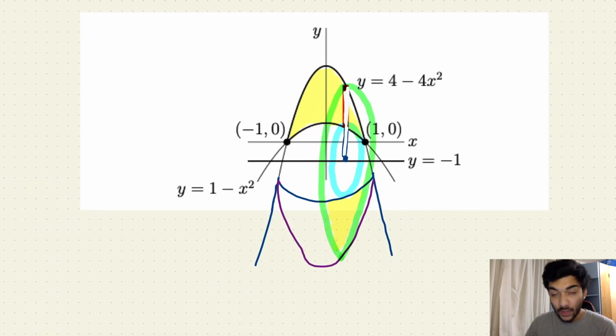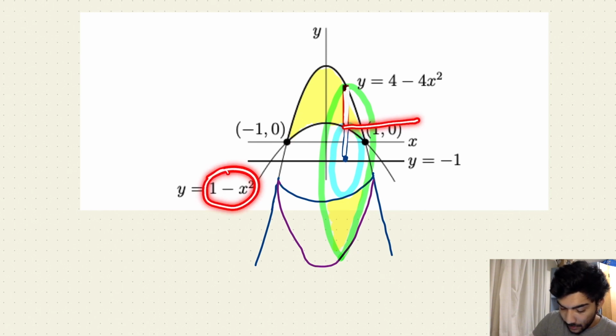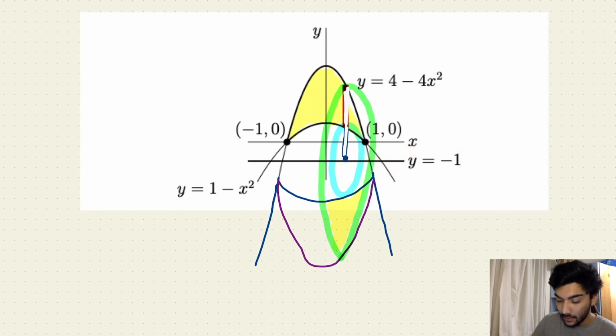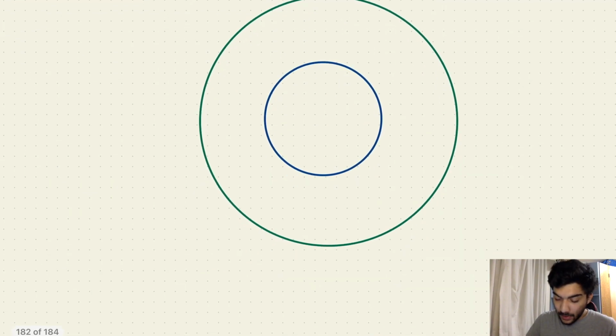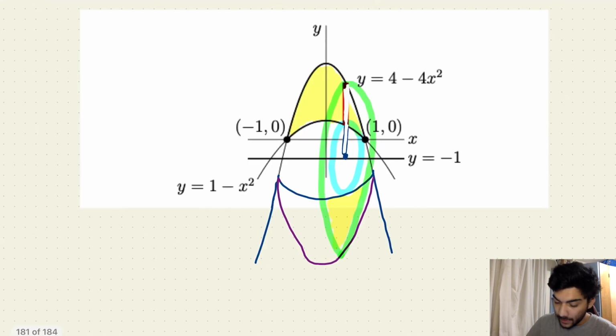So again, when you calculate the radius of your circular strips, if we have to calculate the radius of the smaller circular strip, that would basically be subtracting our upper y value, which is based on this function, with our lower y value, which is based on this function over here, right? So if we have to calculate the inner radius over here, let's erase this, and if we have to calculate the inner radius over here, that would be basically subtracting our lower y value from the upper y value.